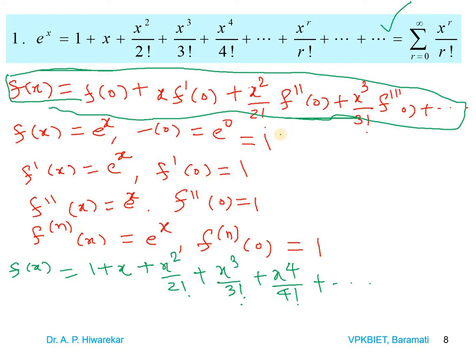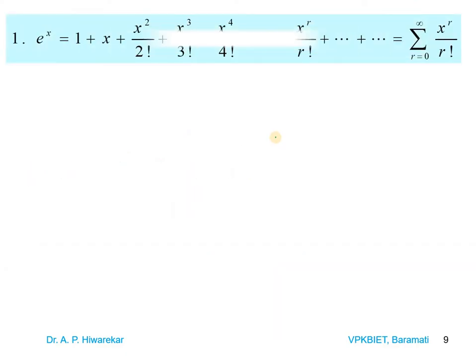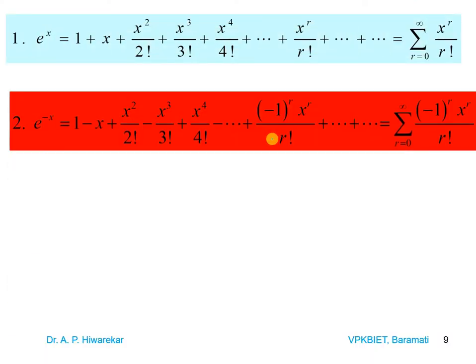In a similar way, to find the expansion of e power minus x, what do we do? We take result 1 and where there is x, replace x by minus x.